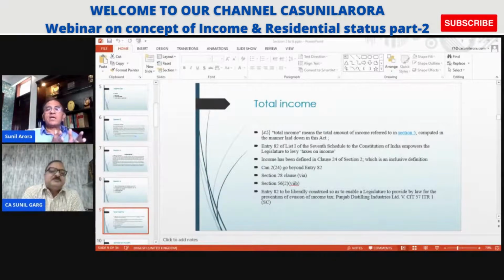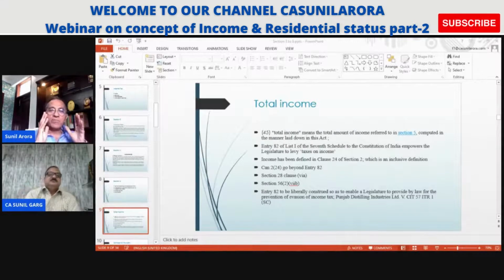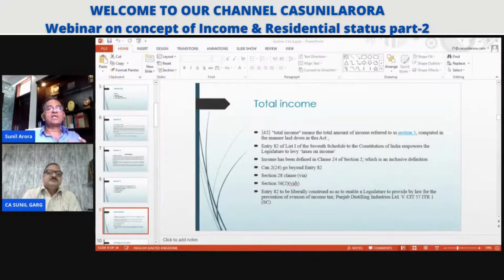Now, there are a number of rulings on this particular issue, wherein repeatedly the courts have said that entry 82 has to be very liberally construed, fully accepted. Yes, they say that powers have to be given to legislature to enact a law which can prevent evasion of income tax, and the court should not interfere in this particular power.